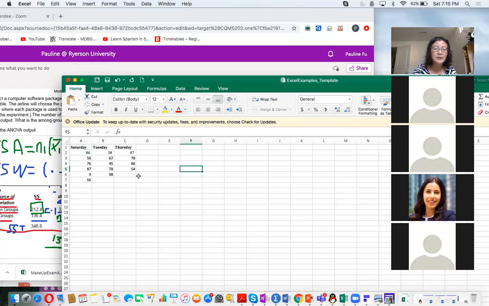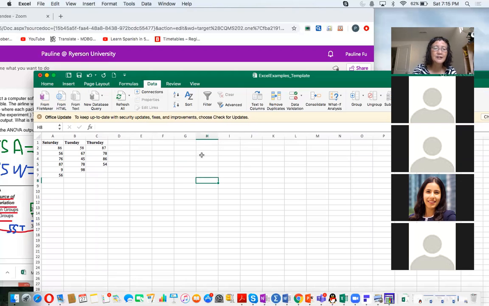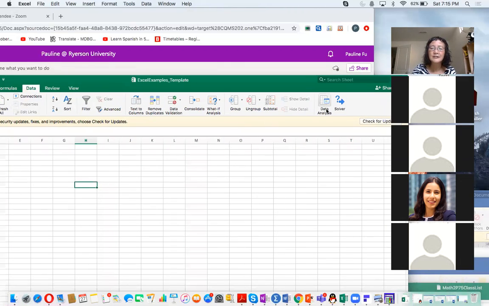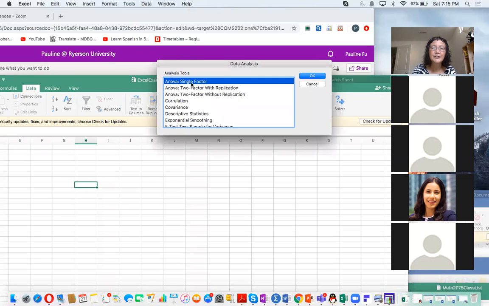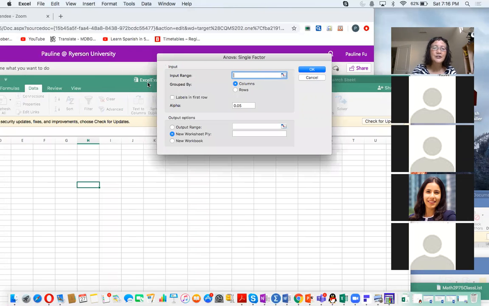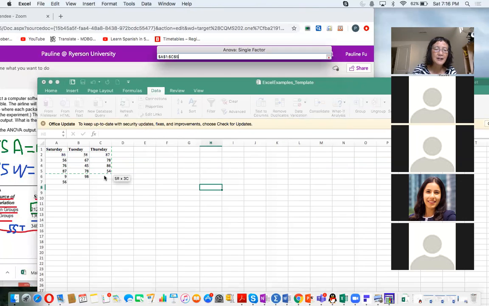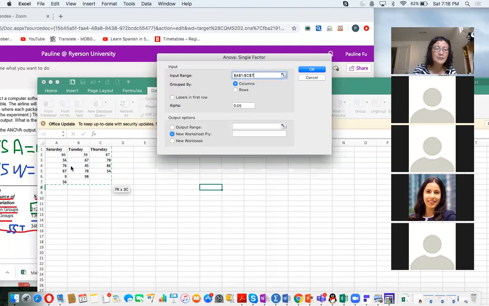Okay, so what I do, I go to Data, Data Analysis, ANOVA, click OK, input range. So I'm going to select my data, including the label, as you can see.